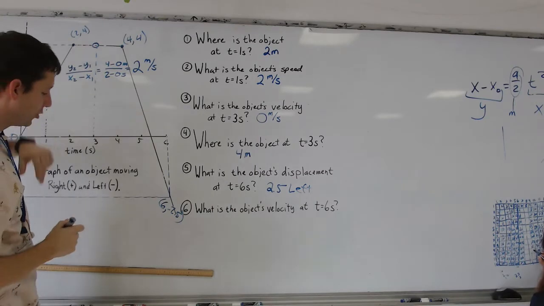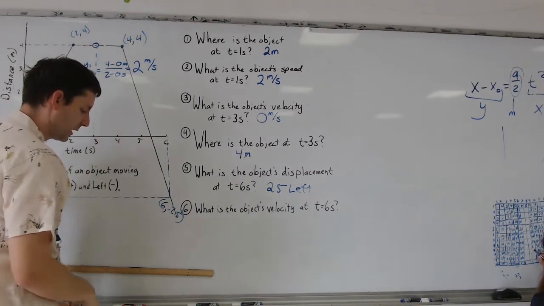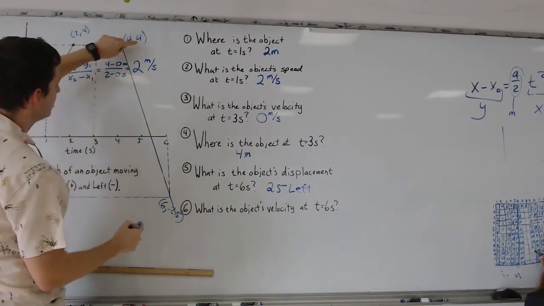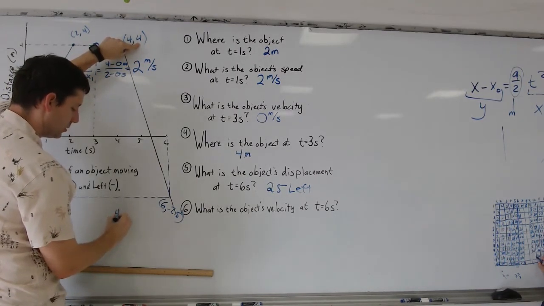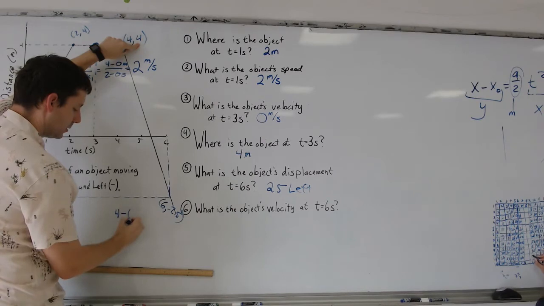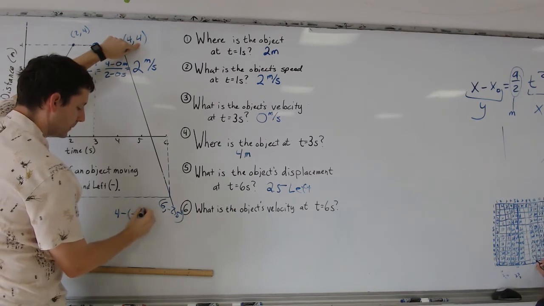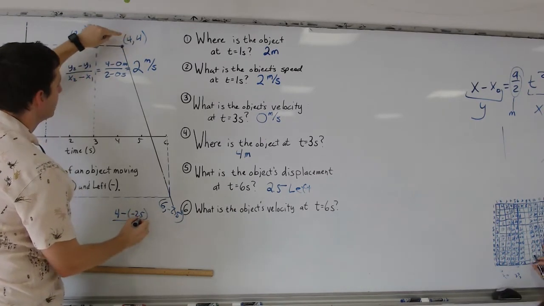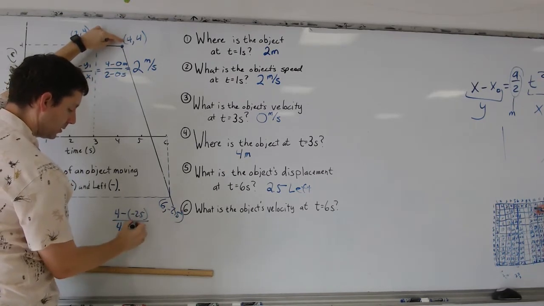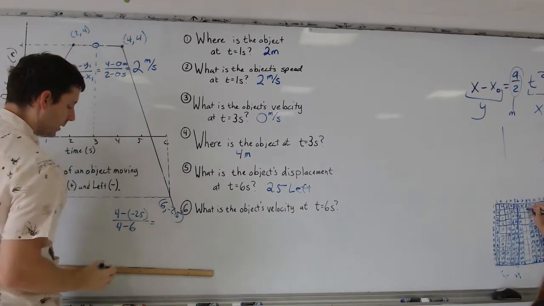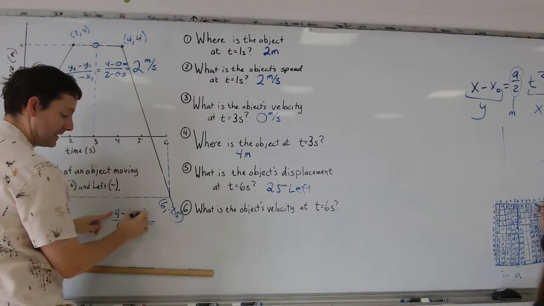We'll do y2 minus y1 over x2 minus x1. We'll use this as my second point. Remember, it doesn't really matter.